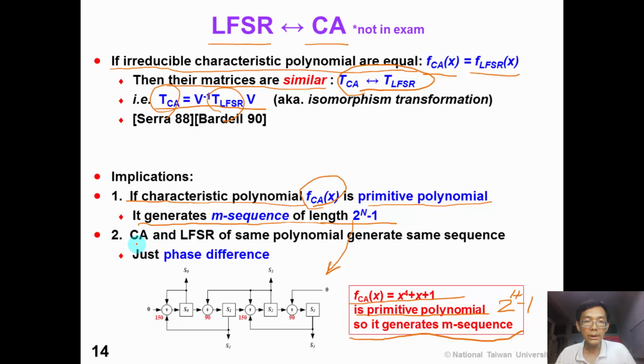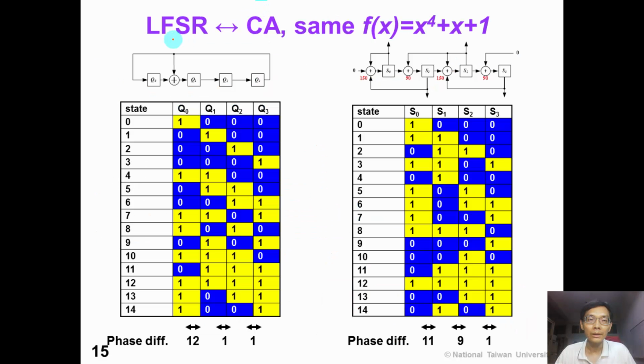And the second implication is that cellular automata and LHCA of the same polynomial can generate the same bit sequence. They are different by just phase shift. This slide shows an LHCA and a cellular automata of the same characteristic polynomial x to the power of 4 plus x plus 1.